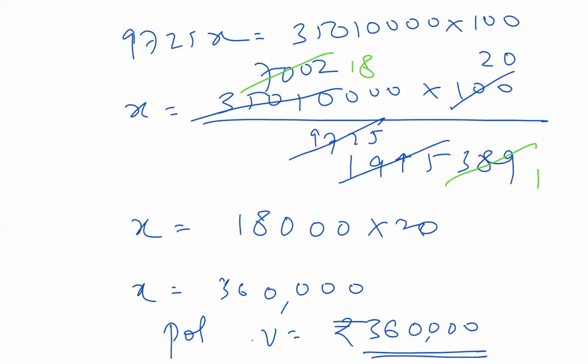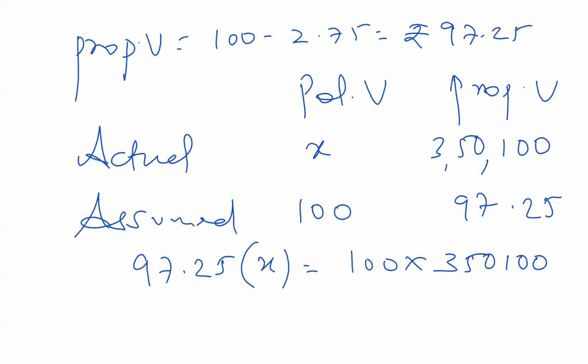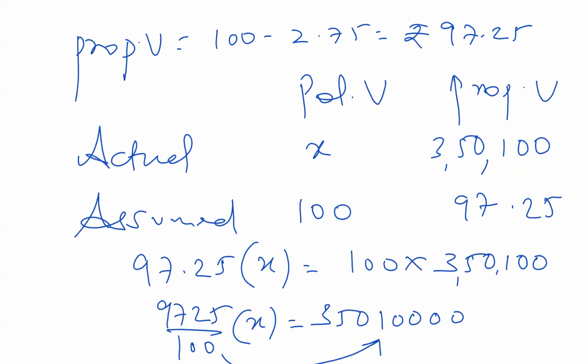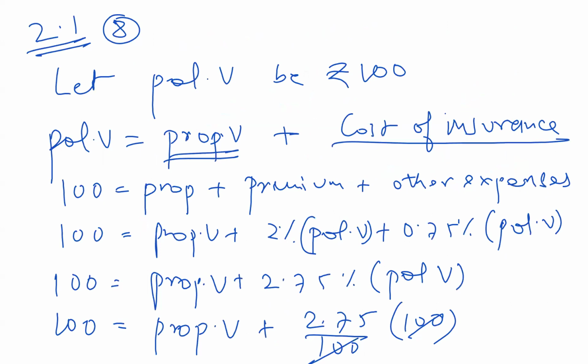Now, a similar type of problem is there in your miscellaneous exercise. I'll tell you which problem. You can practice the same problem. It's on page number 30 of the miscellaneous exercise. Same problem. You have to practice it on your own.